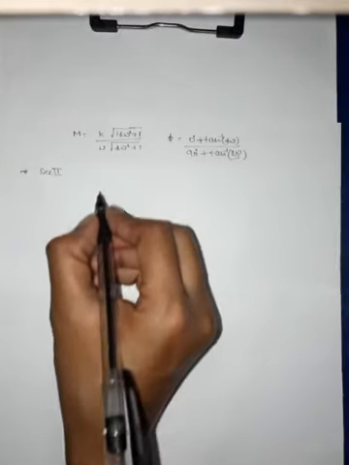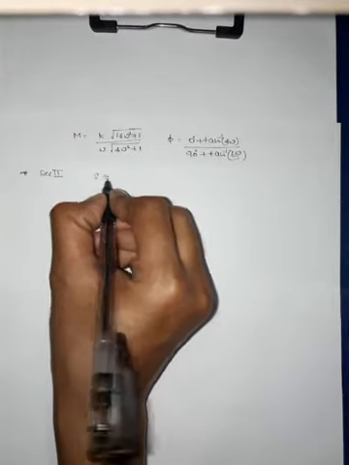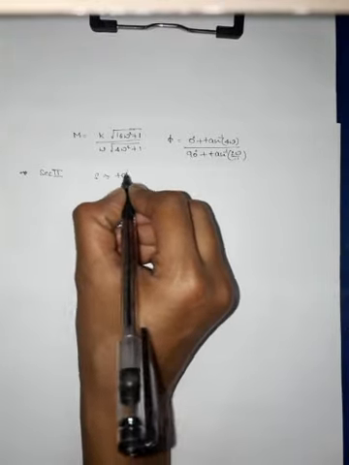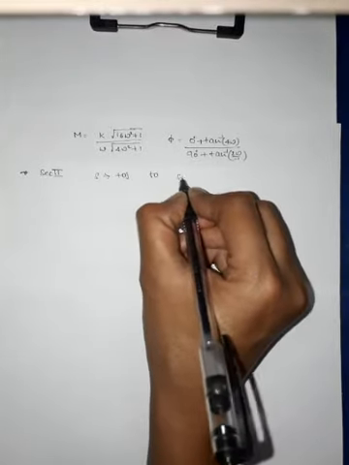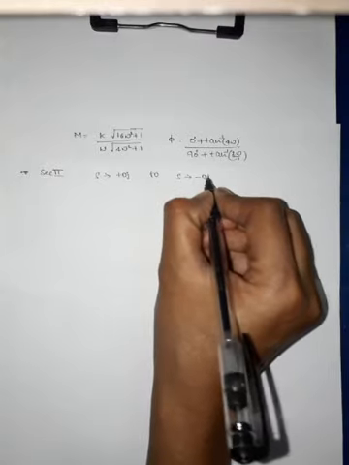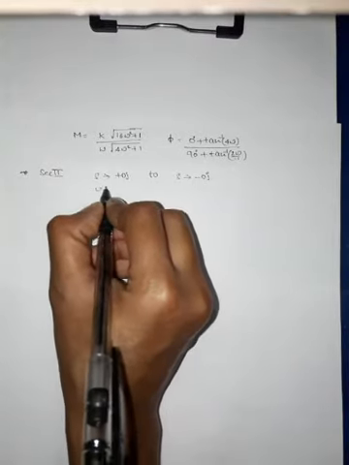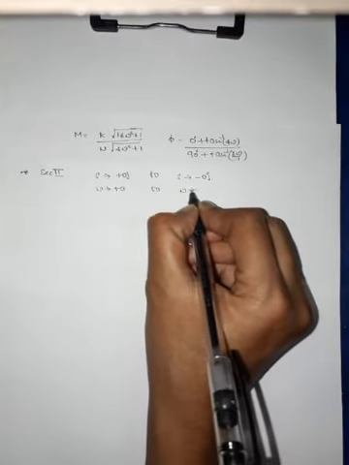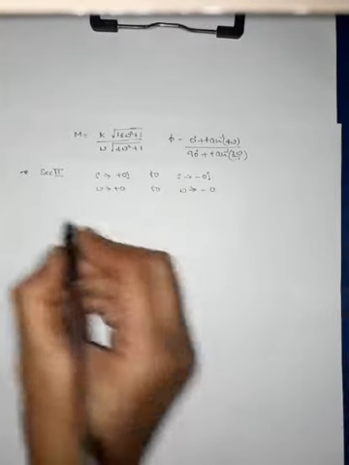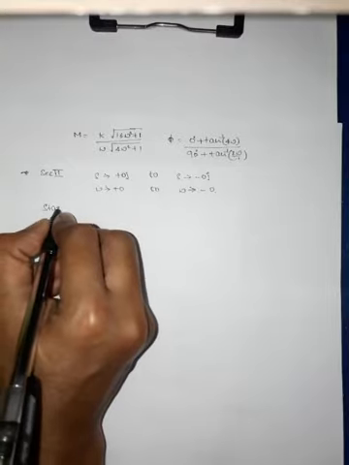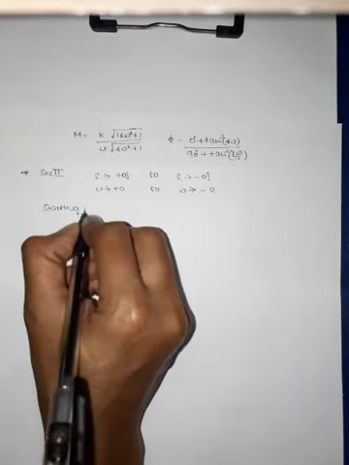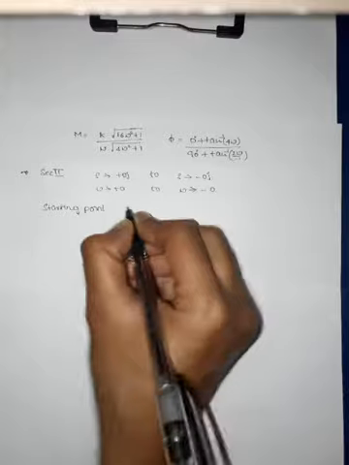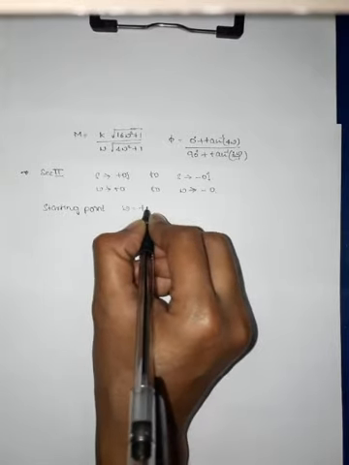Next I am going to analyze section 2. Starting point is s equal to plus 0 to s equal to minus 0. That means omega value goes from plus 0 to minus 0. The starting point is omega equal to plus 0.